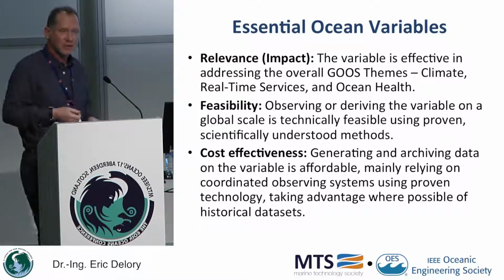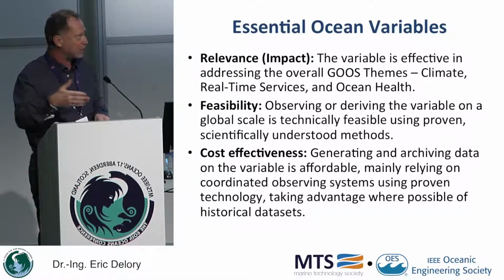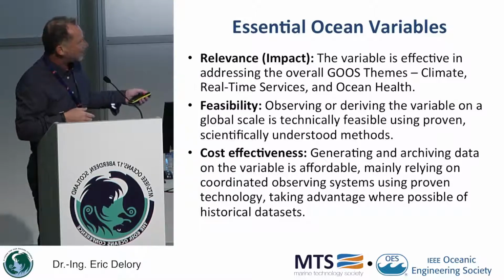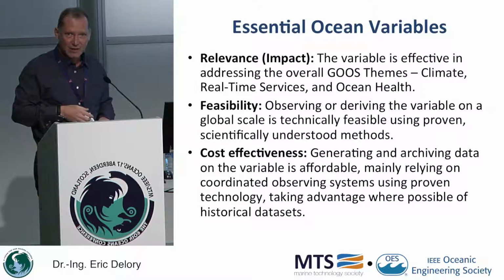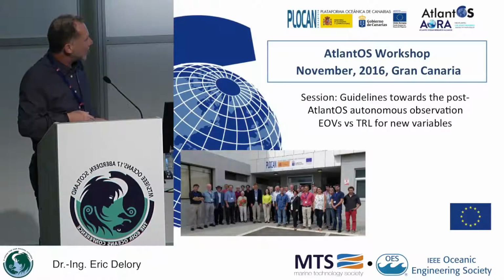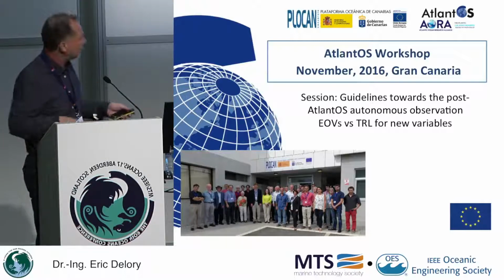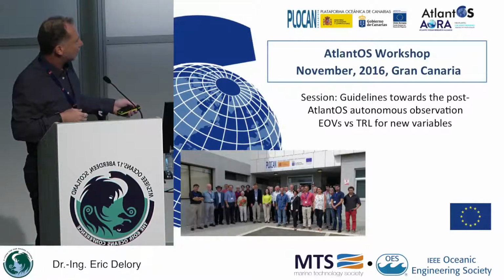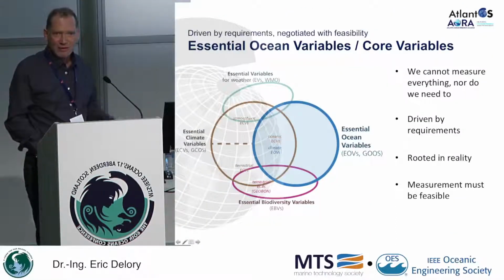Some contaminants are very difficult to measure at great depth today because the technology is just emerging. And the relevance, what is the impact of the variables? So we have to always consider these aspects. And so that's why we have this type of meetings taking place, like this Atlantos workshop, where we actually confront essential ocean variables to technology readiness level.